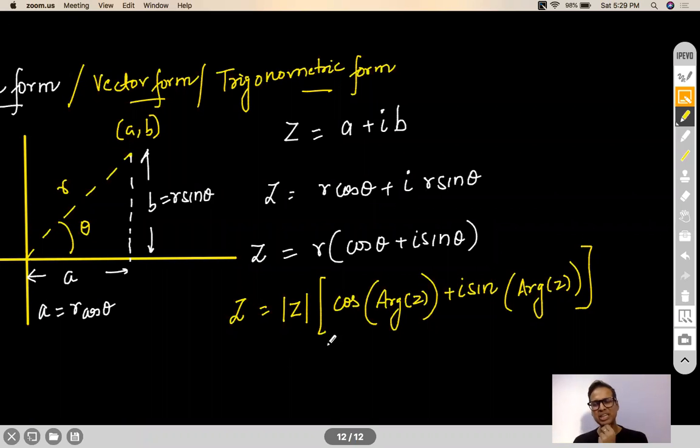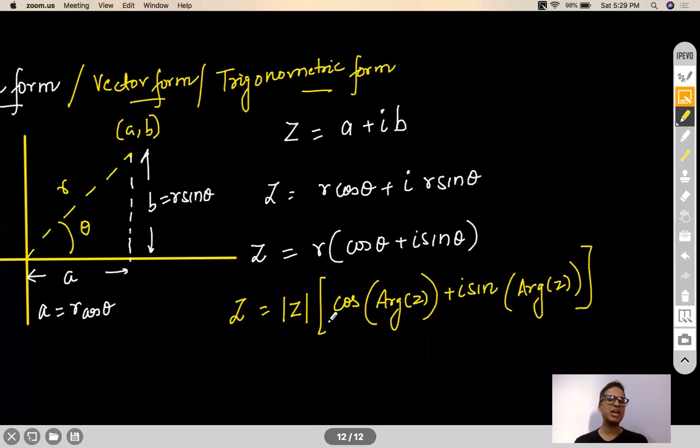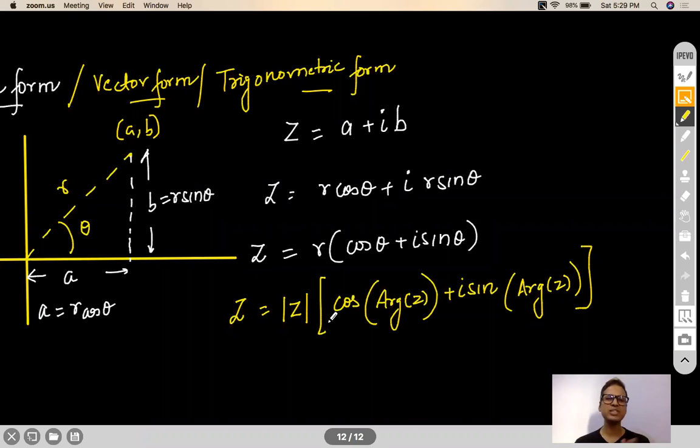I understand your concern at this point of time, but wait. When we start doing multiplication, division, etc., you would realize that polar form makes more sense to us vis-a-vis point form. For polar form will be giving us more insights as to what operation is happening when you're multiplying or dividing complex numbers vis-a-vis the point form.